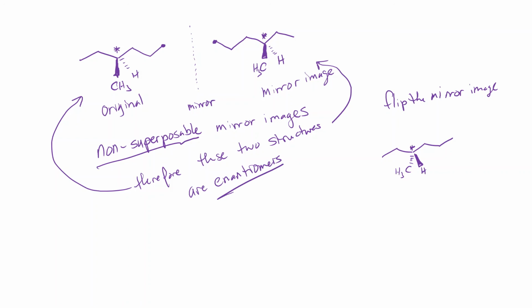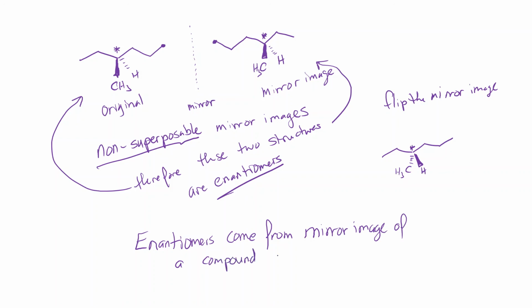Okay, so the big take-home message from this first video is: enantiomers come from the mirror image of a compound with stereocenters.